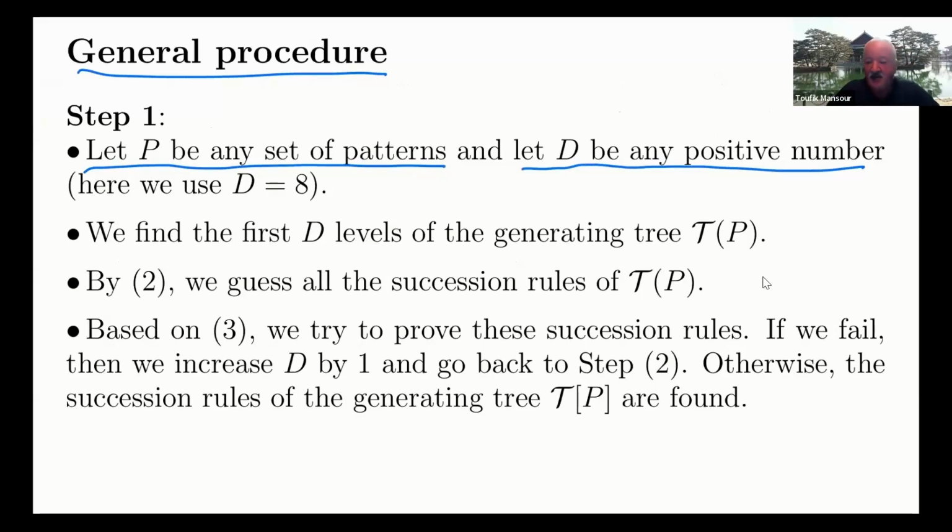For example, d equal 8 is enough to prove the theorem for either 3 patterns or 4 or 13. We find the first d levels of this generic tree by computer. Usually I programmed that.